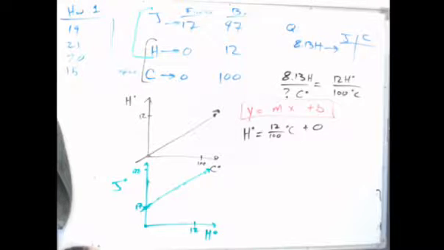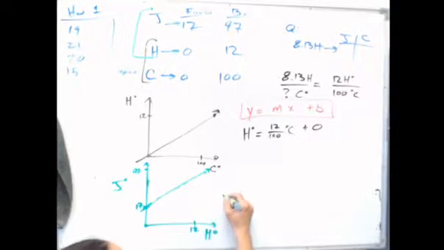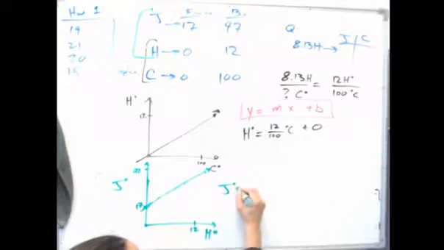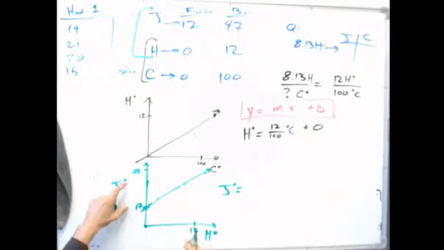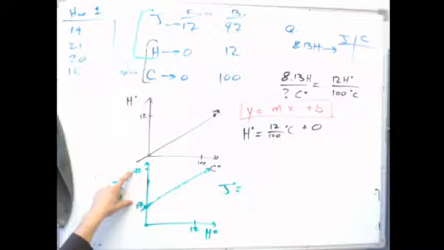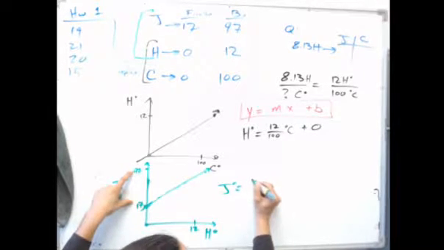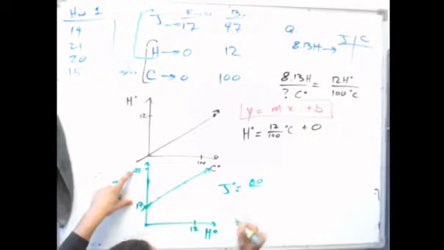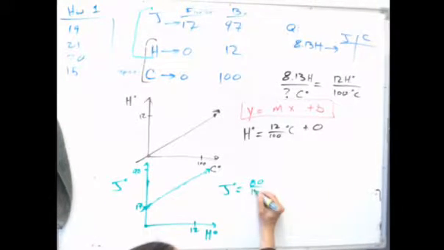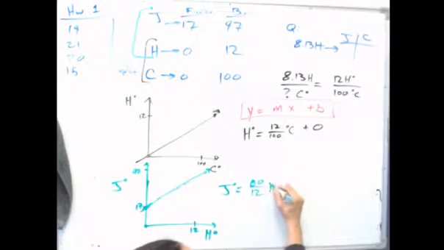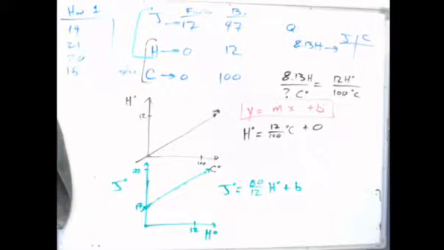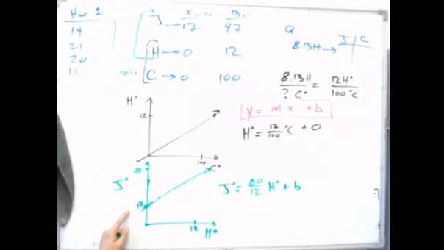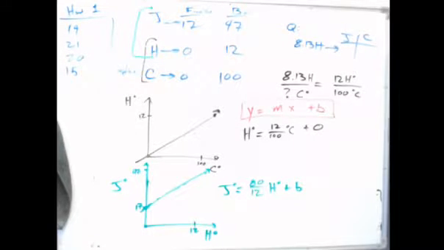So what I have here is my Jekylls equals y equals m, that's going to be rise over run. I can do this right this time. 80 over 12 Hydes plus b. Notice in this case, b is not 0. It's 17.